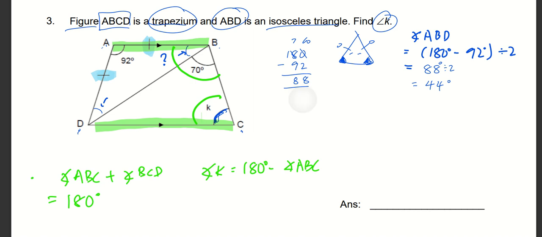So given that this is 44 degrees, I can find angle K by using 180 degrees minus angle ABC, which is made out of 70 degrees and 44 degrees.